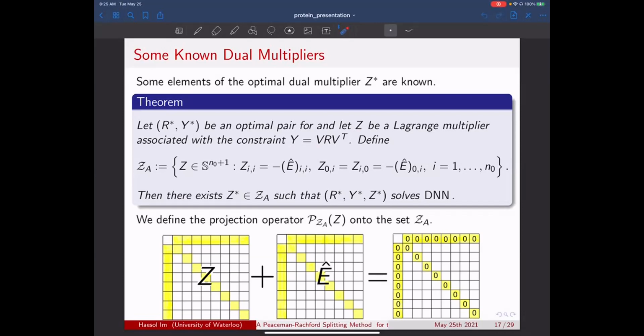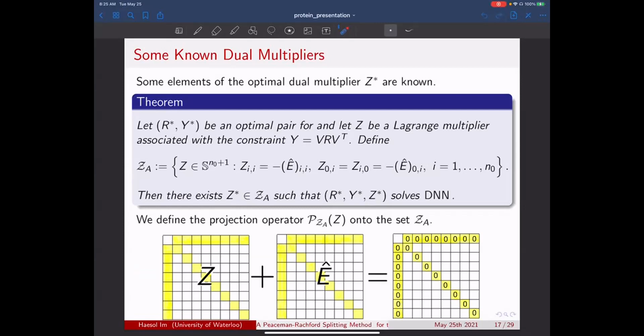We define this set Z sub A, which I'm going to explain in a moment. Then we can show that there is an optimal dual multiplier lying in this set so that this triple solves the doubly non-negative relaxation.